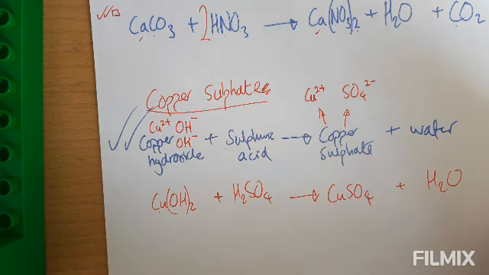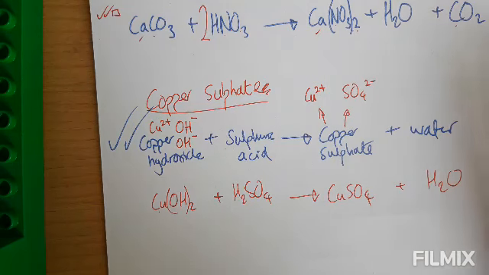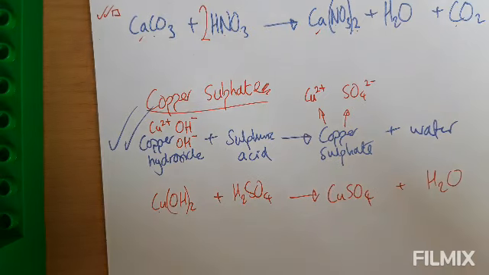This ain't gonna work. Gosh, this is a bit of a pain to balance. That looks balanced, but it's not. It makes too many oxygens. I wish I hadn't chosen this as an example. I'm going to pause the video and work it out.